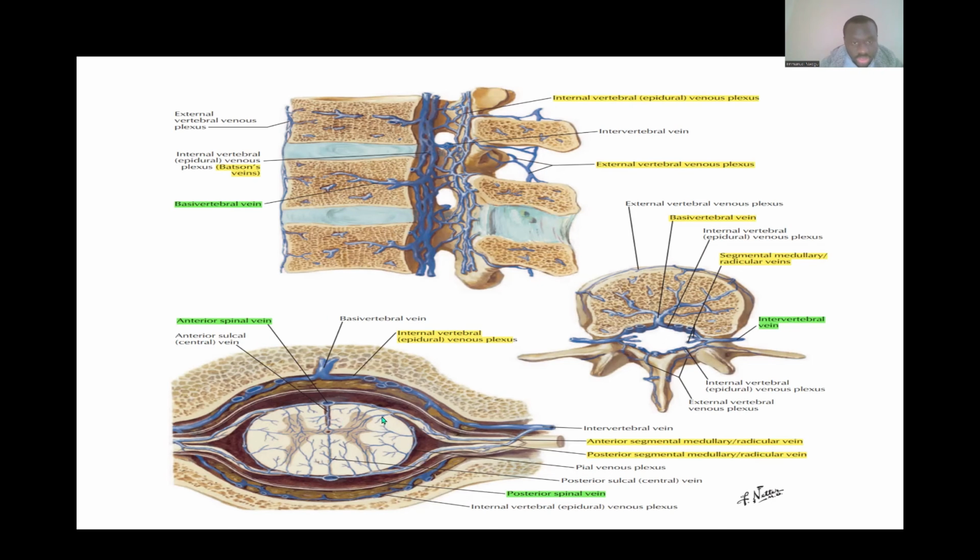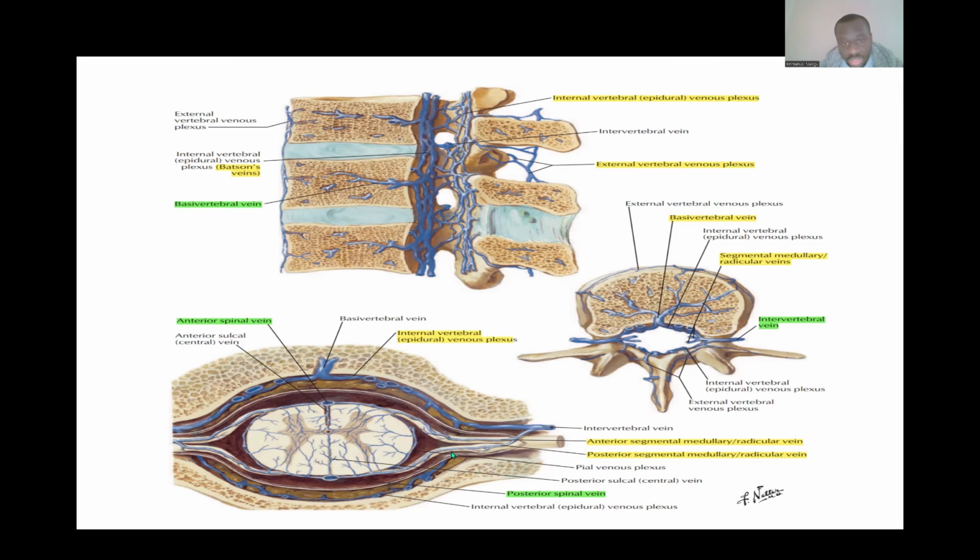This transverse cross-section demonstrates that. We've got the medullary veins, medullary meaning spinal cord, the veins of the spinal cord. We have the anterior and posterior radicular veins.